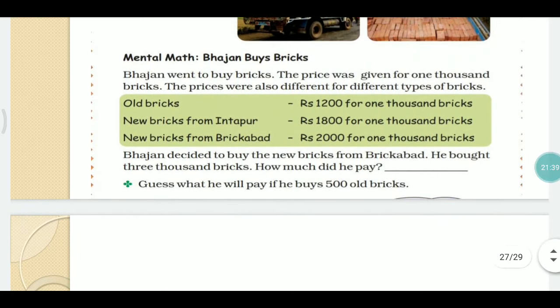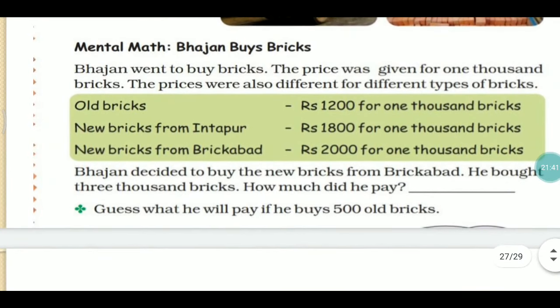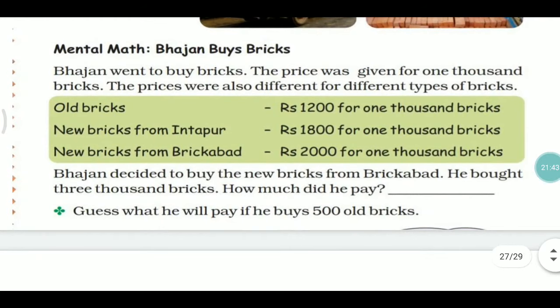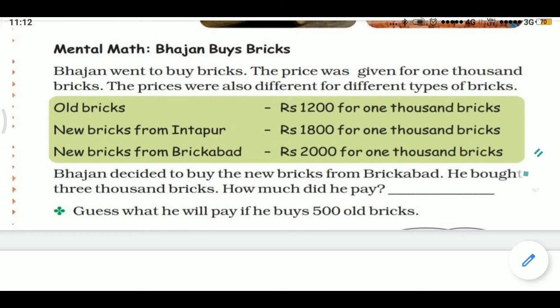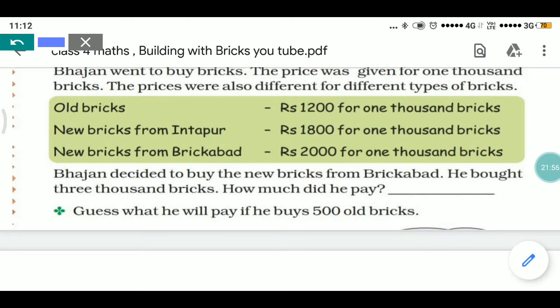This is important. Vajan went to buy bricks. The price was given for 1000 bricks. The prices were also different for different types of bricks. For old bricks, 1200 for 1000 bricks.